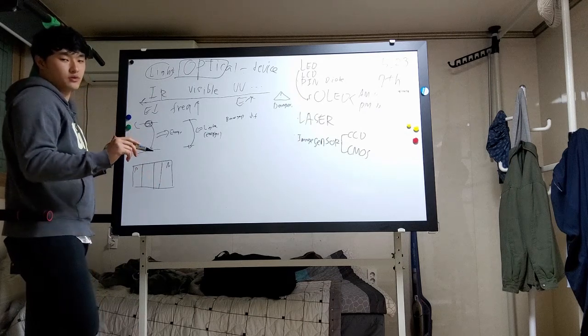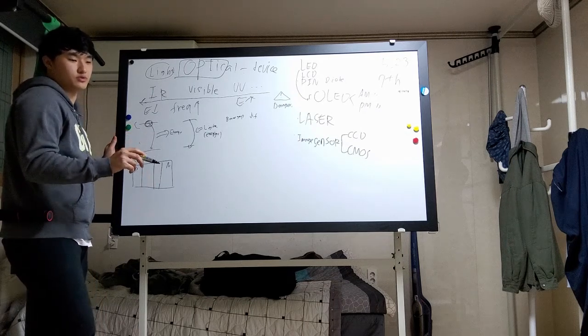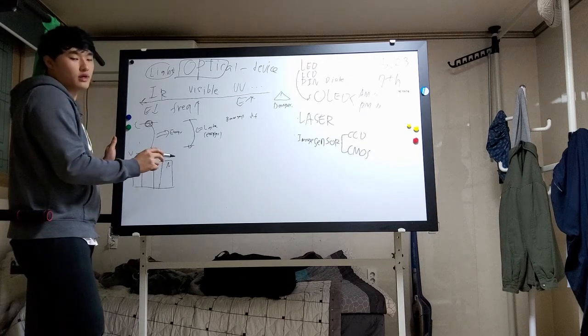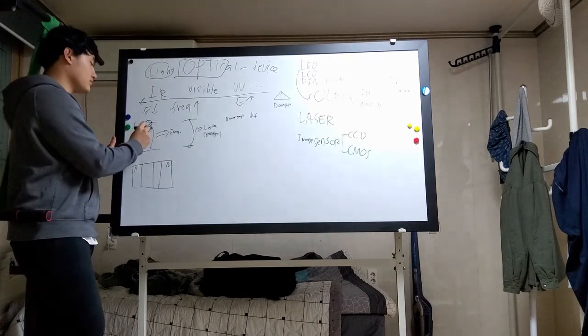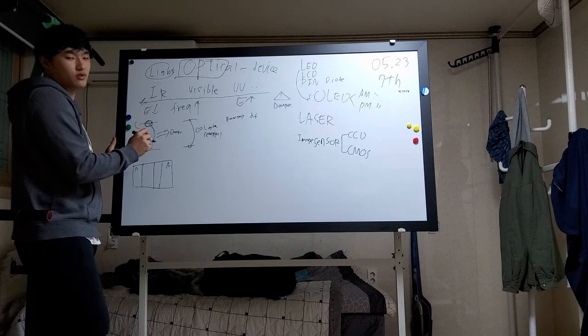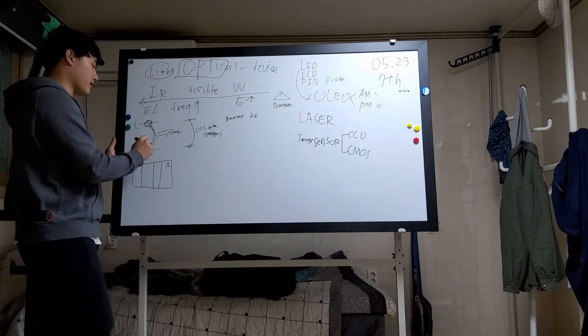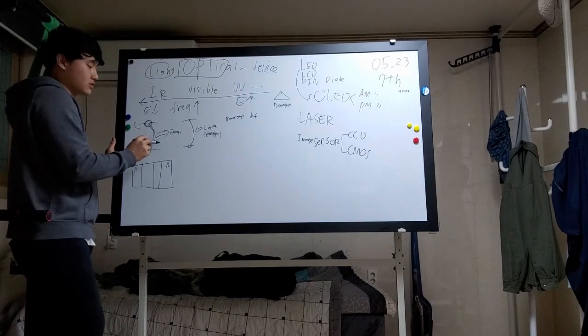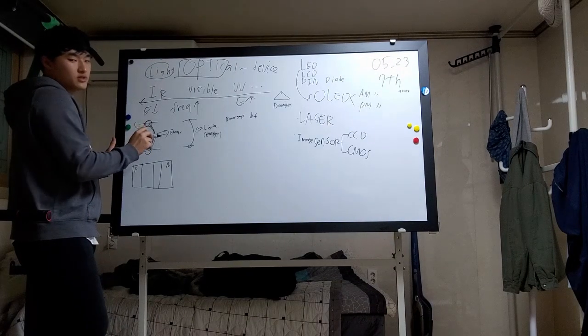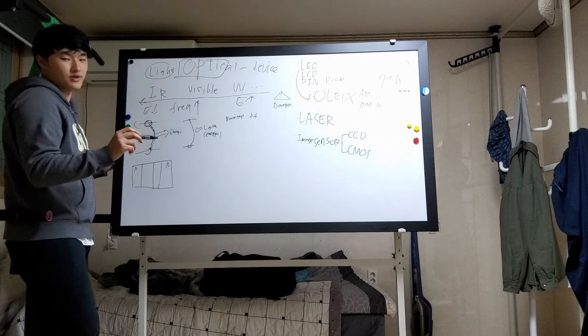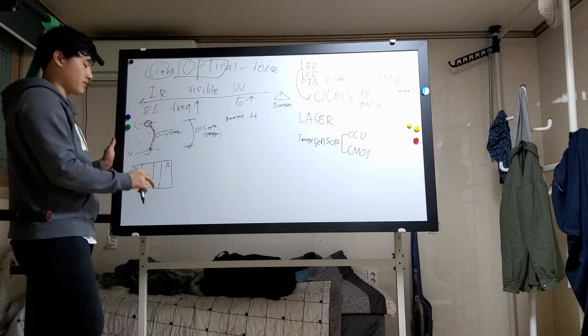The electron in the conduction band will want to return to the valence band as time passes. So it will emit light or heat as energy and get back to the valence band. In this situation, the excited electron emits the energy and goes back to the valence band.